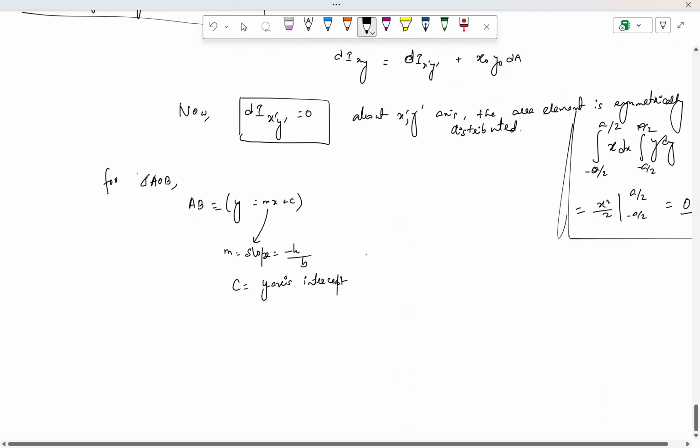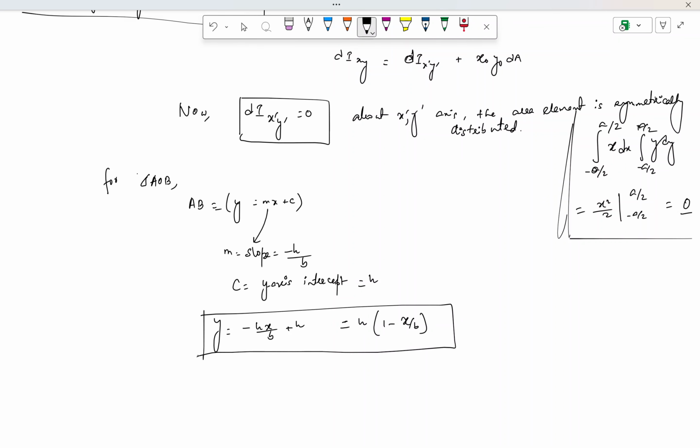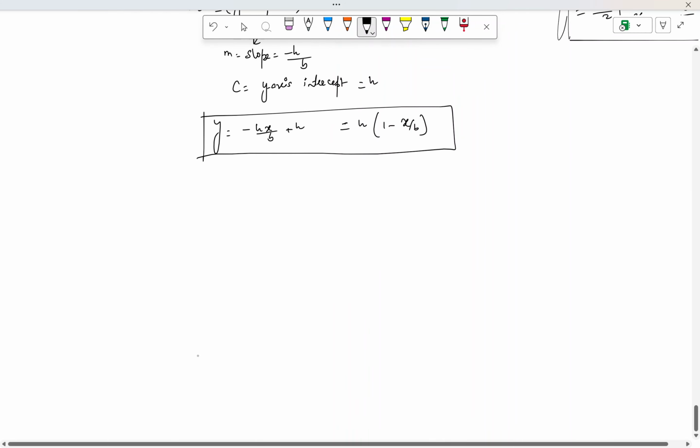So c equal to y-axis intercept equal to h. So now y equal to minus hx by b plus h, which is equal to h into 1 minus x by b. This is the equation for the triangle hypotenuse AB. This we call equation number 2.